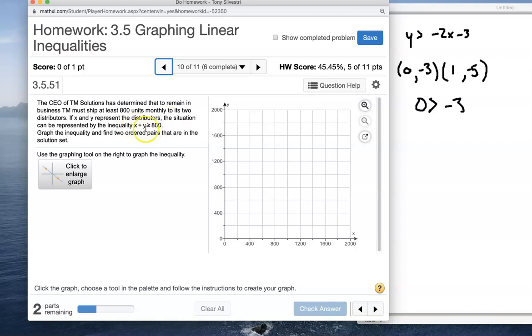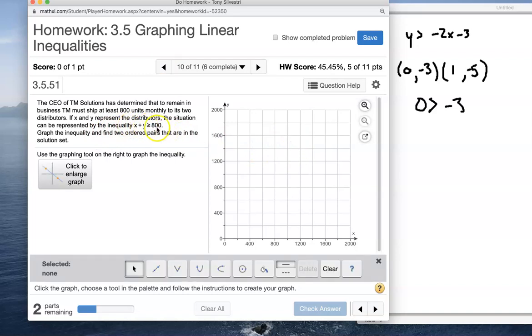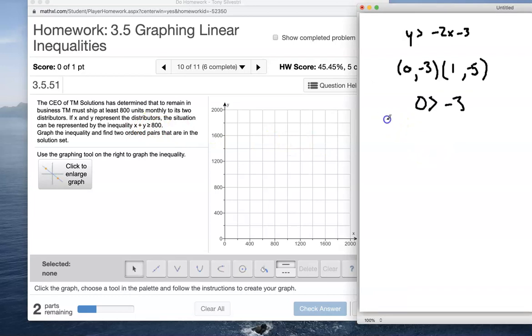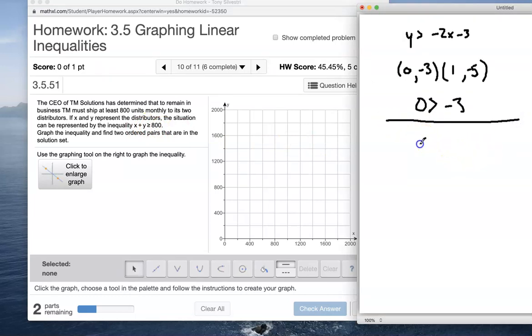Okay, yeah, that makes sense. The long and the short of it is you want to plot this on this graph. That's all that is. So I think I could sneak that over here. X plus Y is greater than or equal to 800.